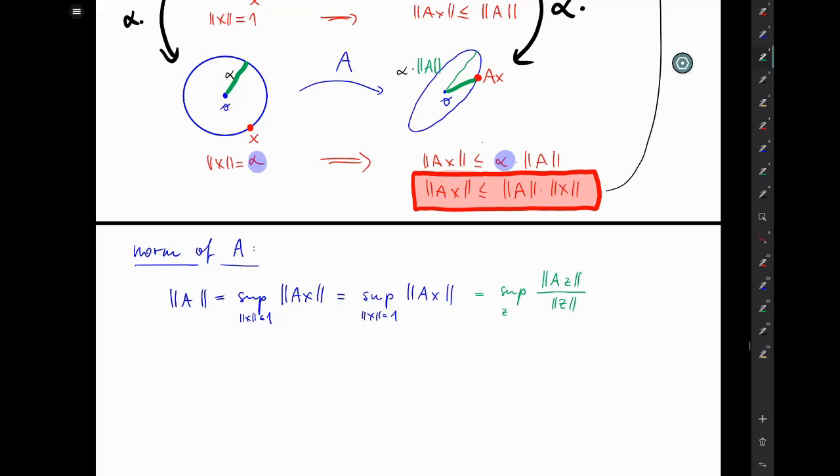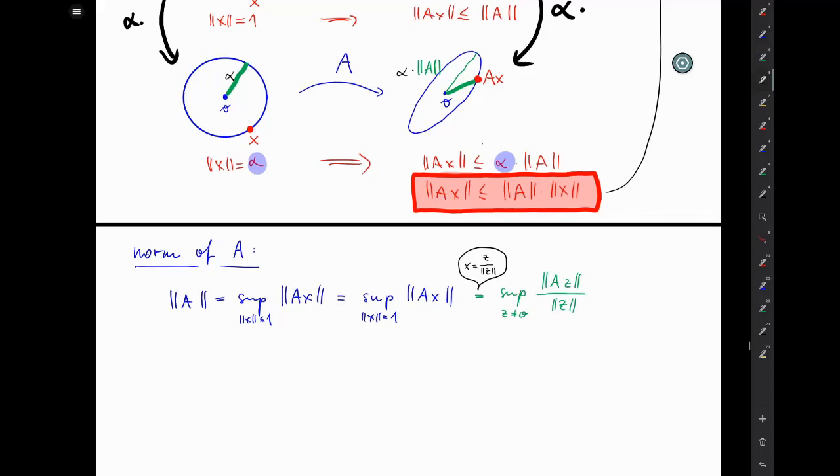The only exception is you should not allow the 0 vector, because then you would divide by 0 here. To understand this last equality, just put x equal to z divided by the norm of z, so it has norm 1, so it can be used as the x from the previous expression.